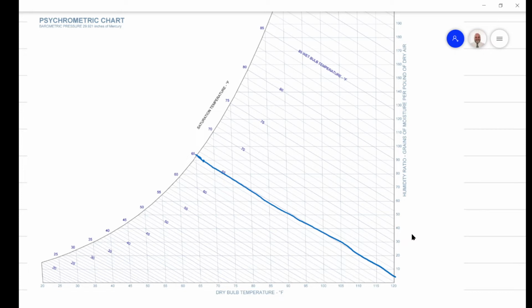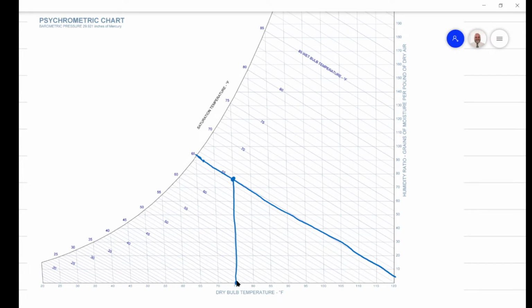So if you tell me that air has 75 degrees dry bulb temperature, I can deduce that the point we are trying to get is here. This would be the point where the air has 65 degrees Fahrenheit wet bulb temperature and 75 degrees dry bulb temperature.